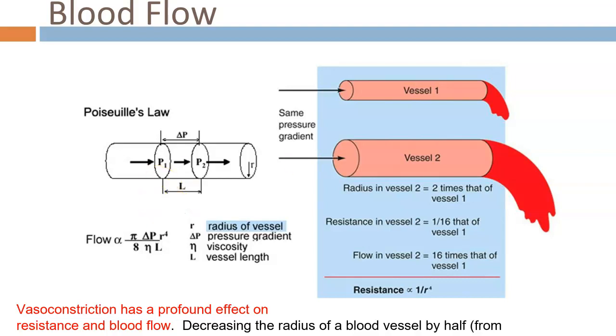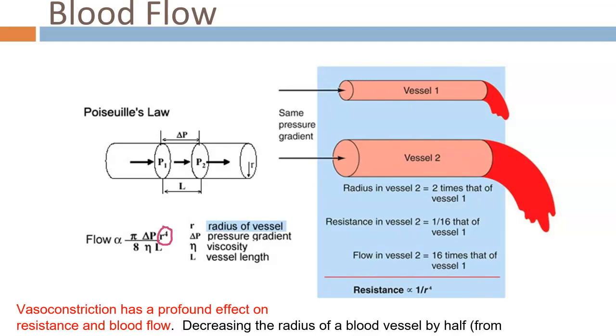If you look at the equation that explains why this happens, it is because we are looking at the radius of the blood vessel elevated to the power of 4. So when a blood vessel's size is decreased by half, blood flow decreases by a factor of 16.